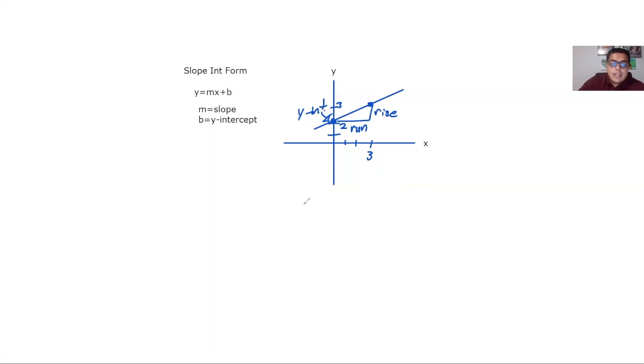So in this specific case, we'll be able to write it out. Well, in any case, you'll be able to find your slope using this simple formula. So let's see, your rise over your run, which is equal to y2 minus y1 over x2 minus x1.